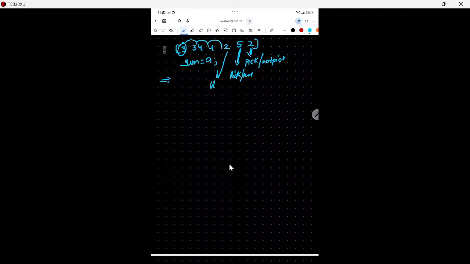What's the base case? Whenever index reaches 0, from this index to index equal to 0, what will I return? I will return with a value, array of 0. We have to return array of 0.